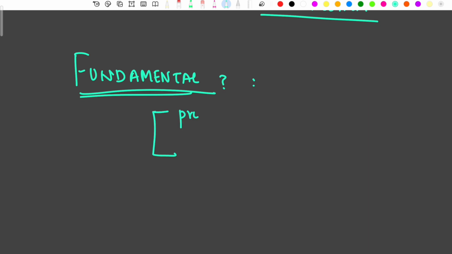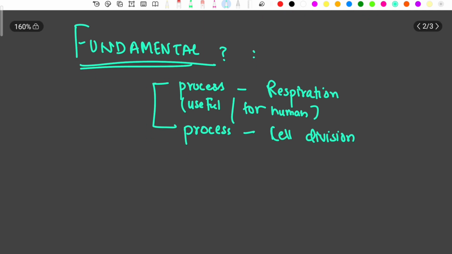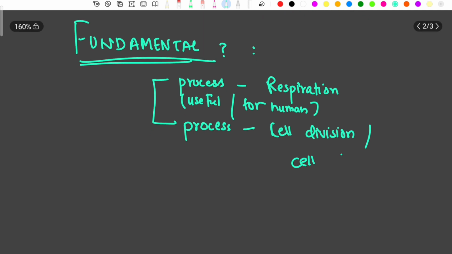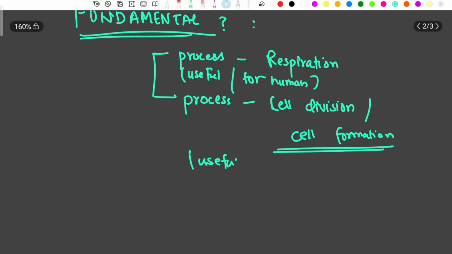It performs processes like respiration, which is useful basically for humans. Other processes are cell division and cell formation, which are sometimes useful and sometimes not.